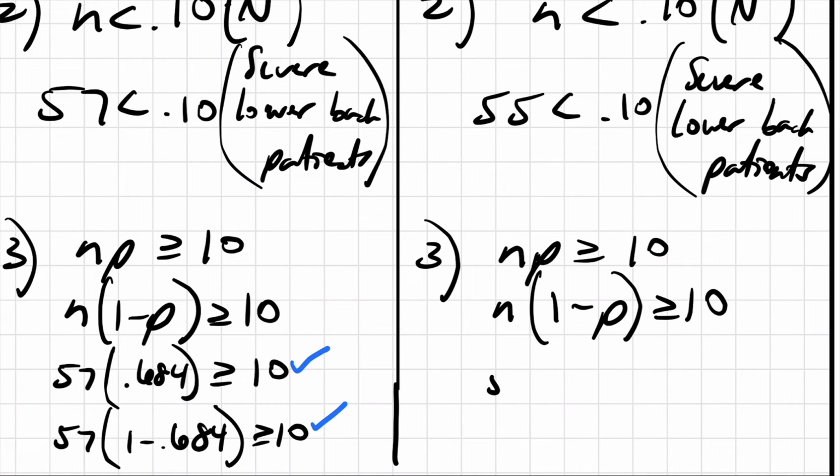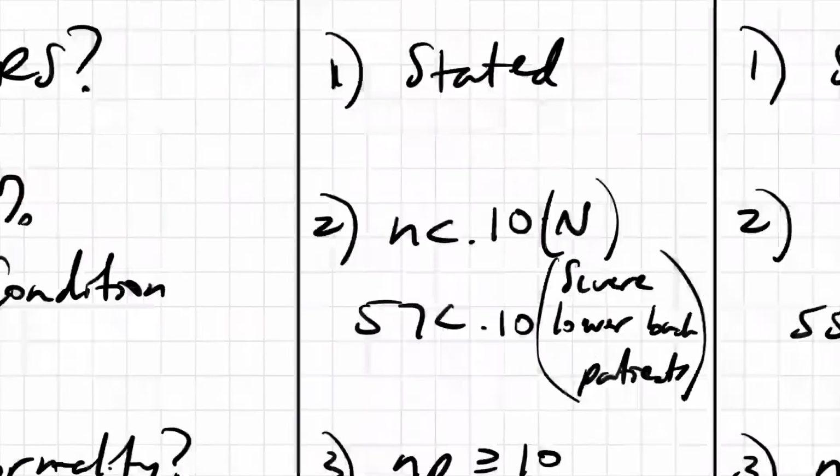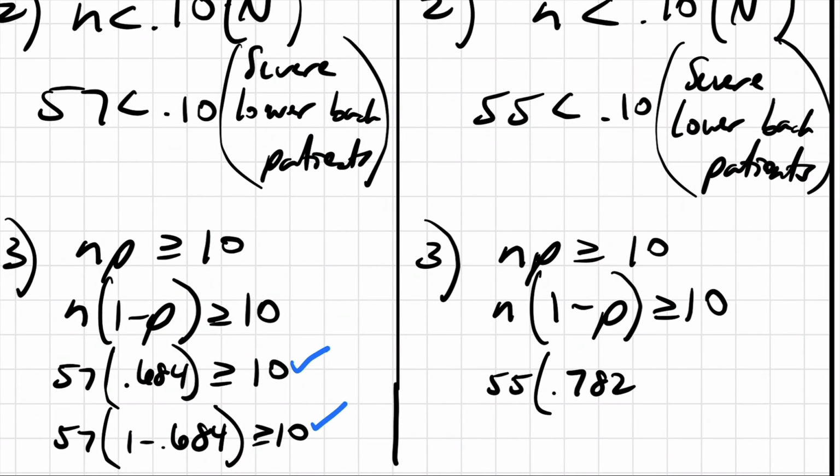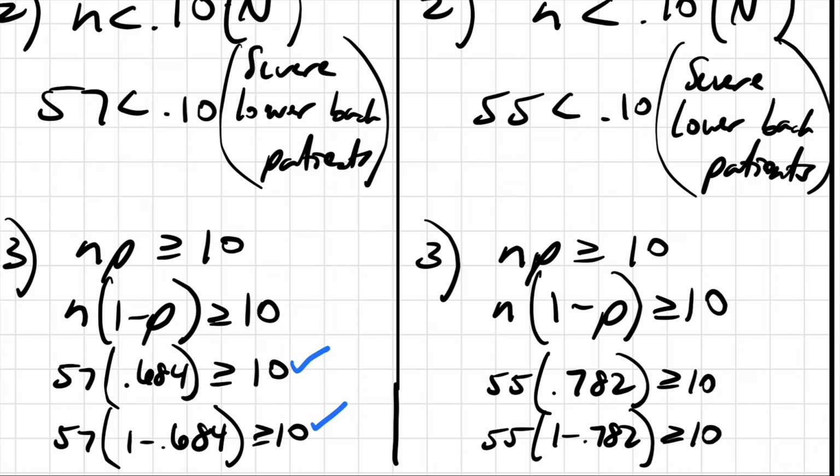Okay, 55 times 0.782, thank you. And 55 times 1 minus 0.782. Top one for sure.